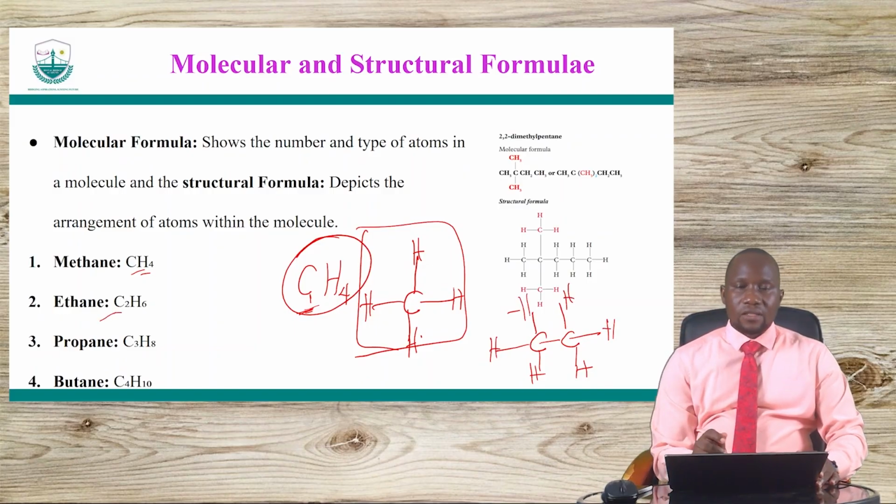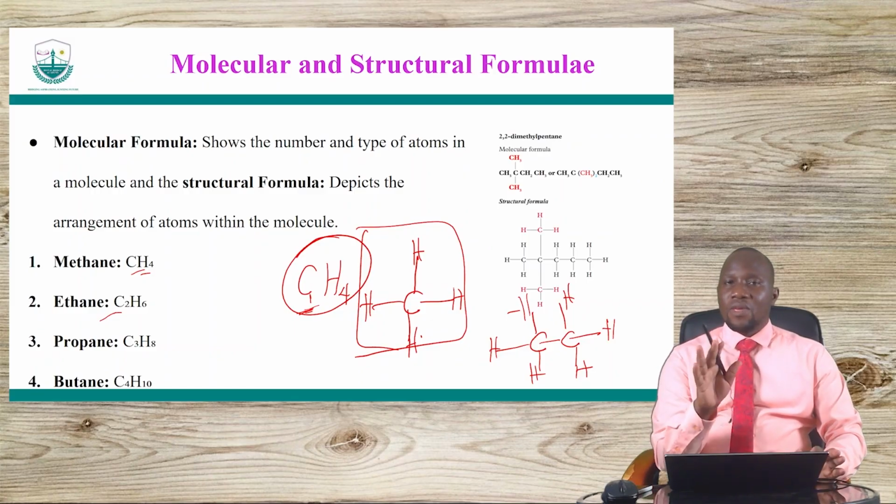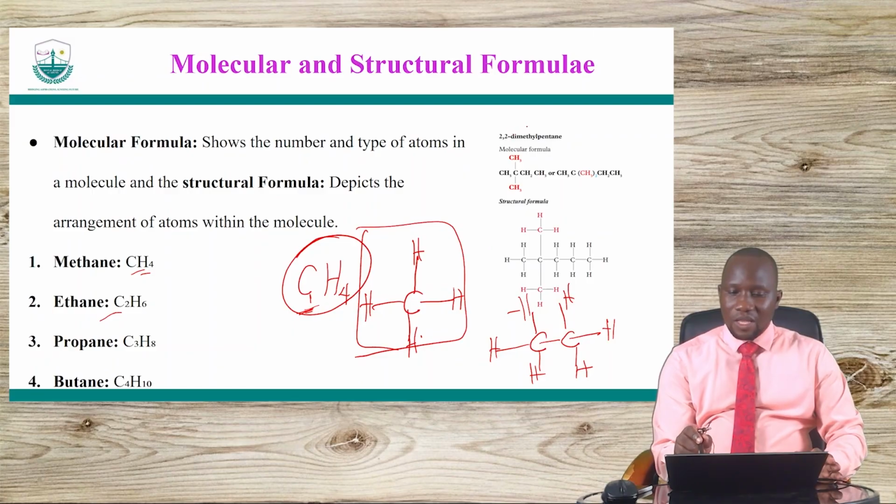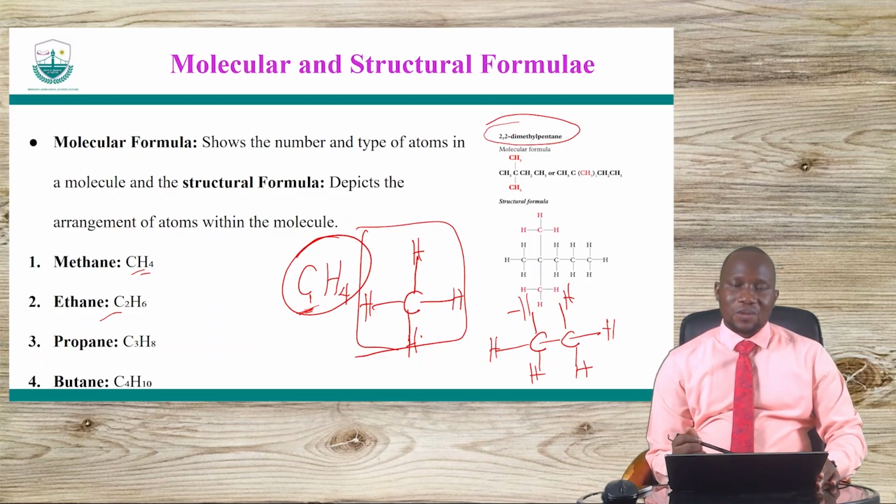If they want to complicate things for you, they can bring you a name just like this, and then tell you to draw the structural formula. So you should know the rules.